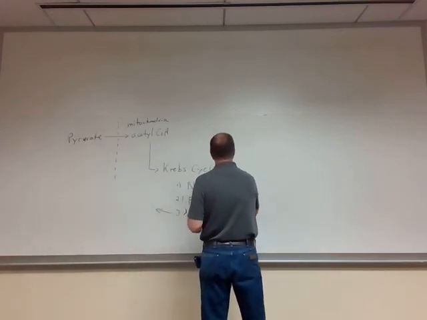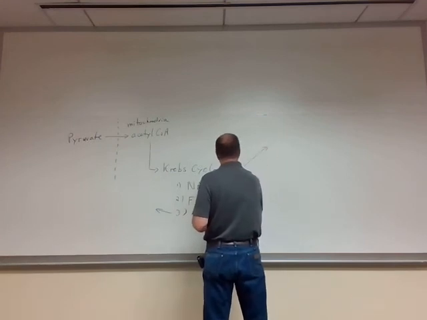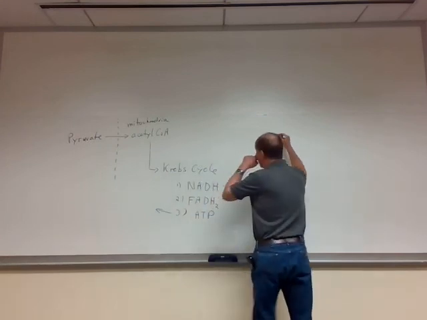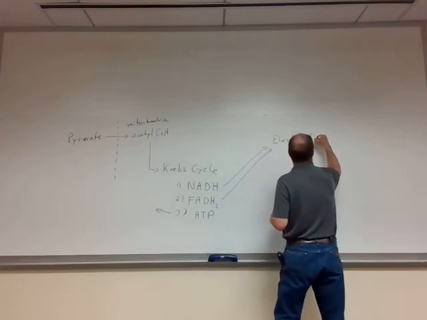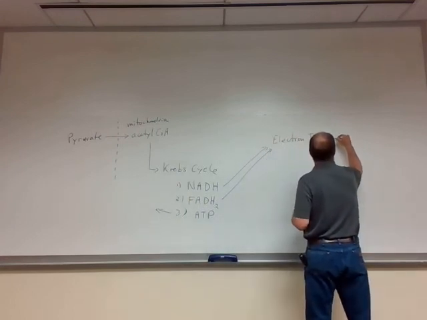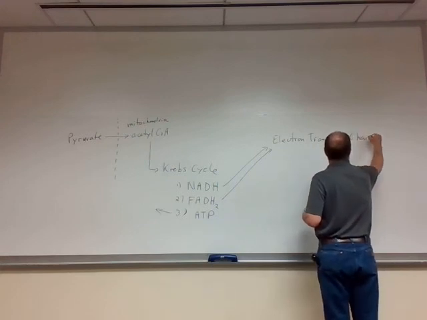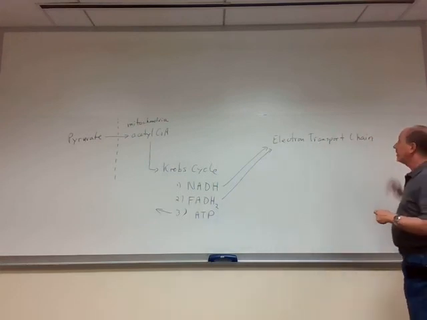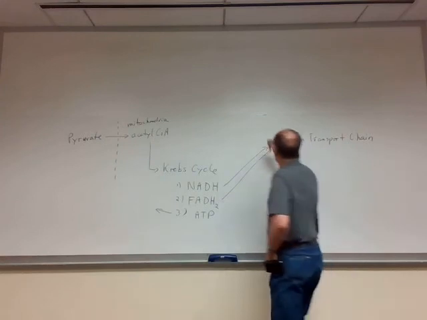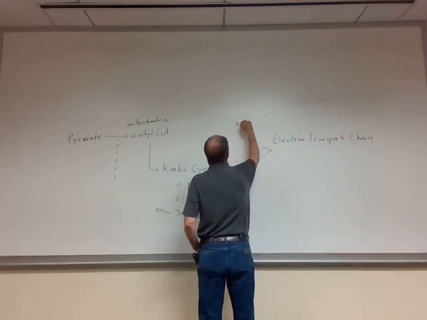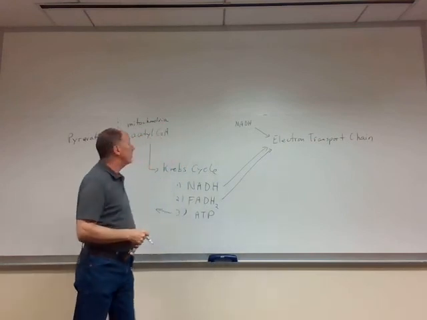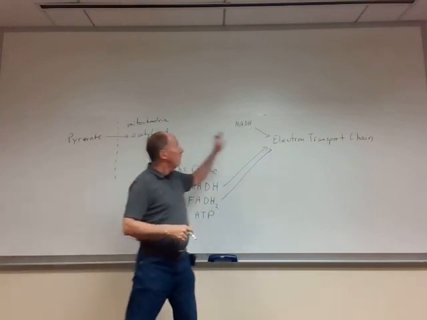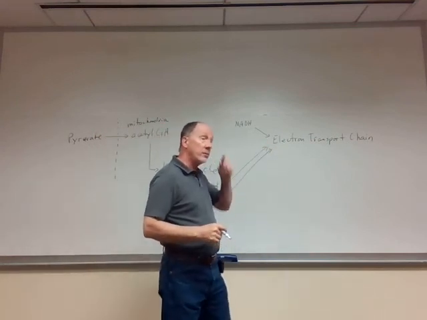Then the next thing, we're going to take the NADHs and the FADH2, and we will go to the electron transport chain. And you can still see it right over here. And in addition, the other NADHs that came from glycolysis and the one that came from here are all going to the electron transport chain.